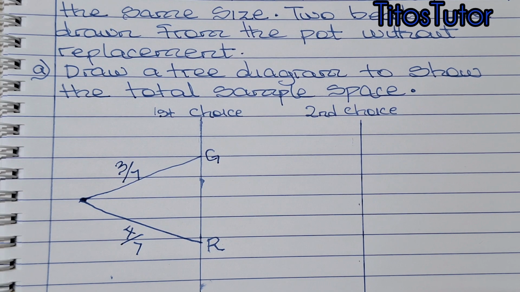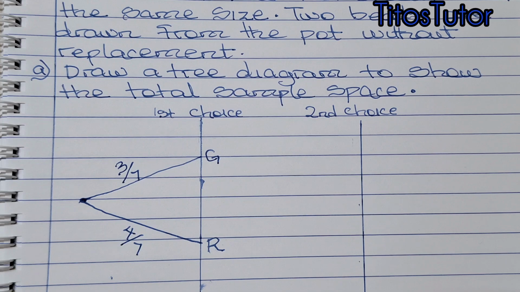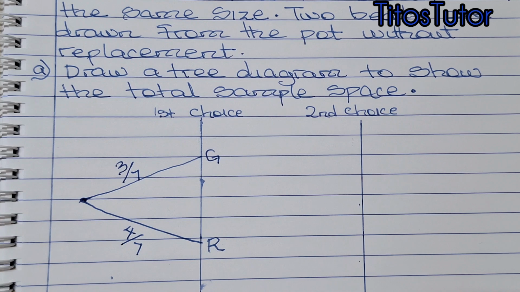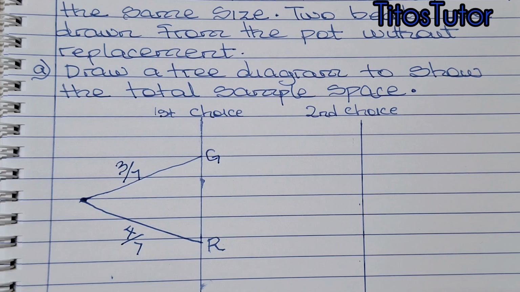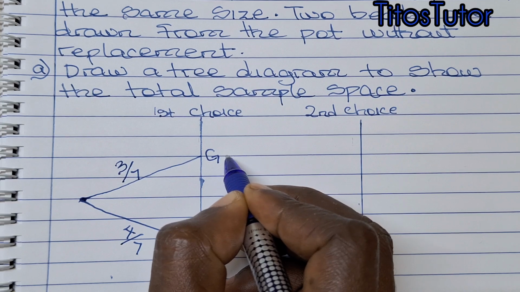Now, if my first choice was a green, my second choice from this point will also be either a green or a red. And if it was a red I chose first, my second choice will still be either a green or a red. Do you understand? So you come to your second point here.